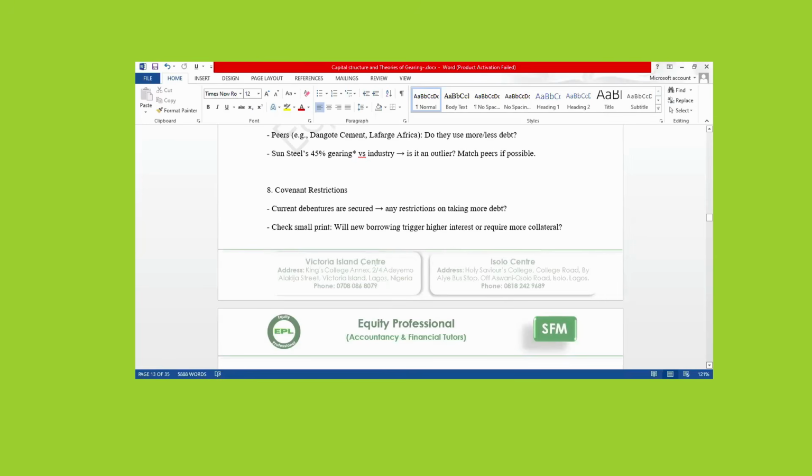Borrowing can trigger higher interest or require more collateral. At times, an existing loan might specify that if you borrow more money, that will give rise to additional interest payment to me.